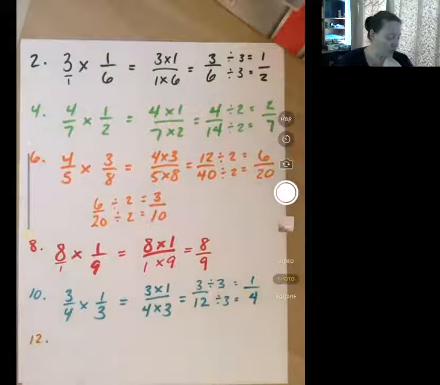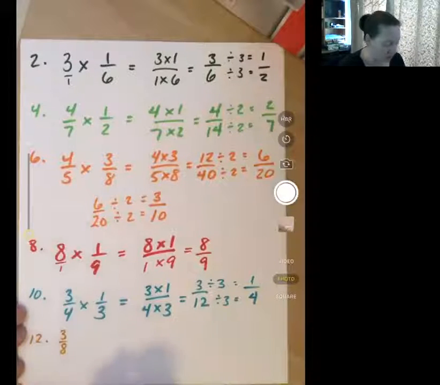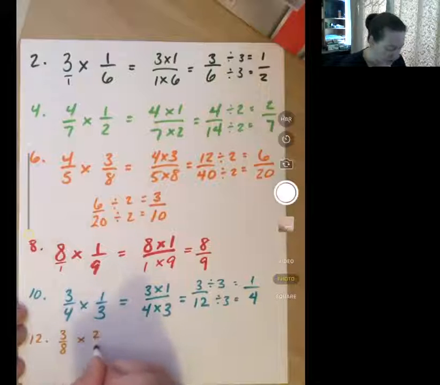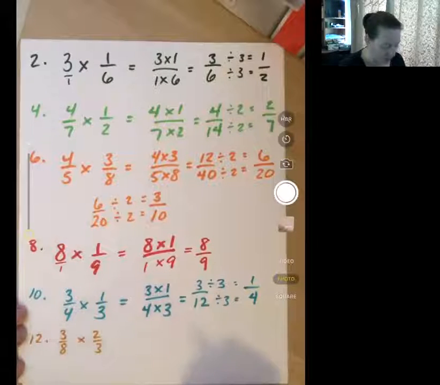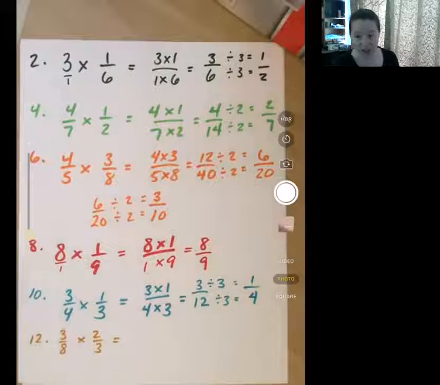In a pet show, 3/8 of the pets are dogs. Of the dogs, 2/3 have long hair. What fraction of pets are dogs with long hair?